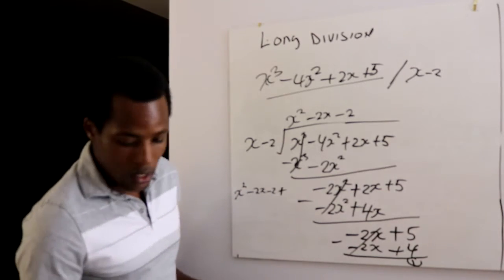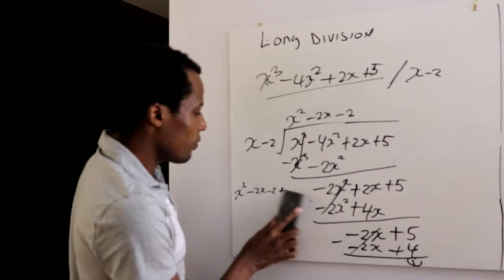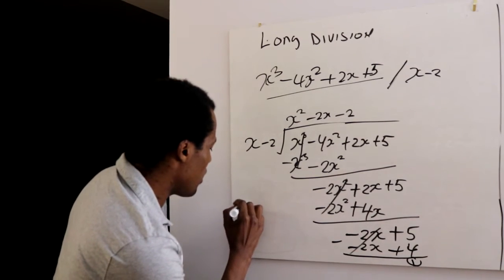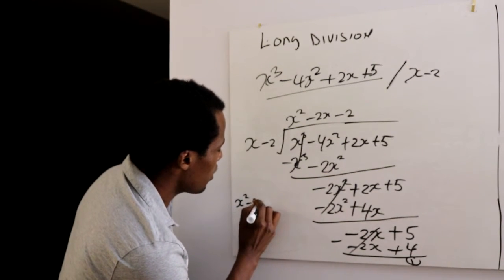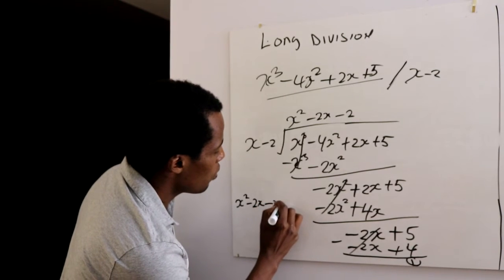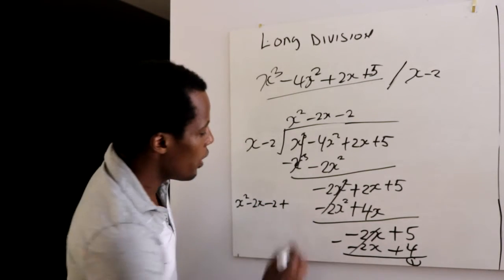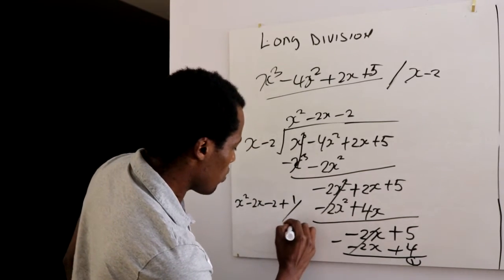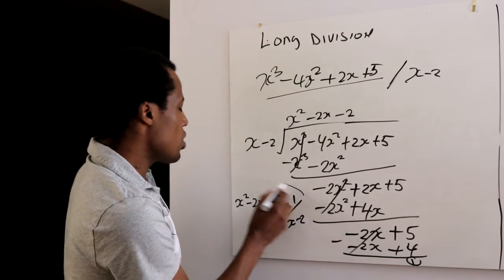I don't know if you guys can see from here. So our final equation is x squared minus 2x minus 2 plus 1 all over x minus 2. So this is our final solution.